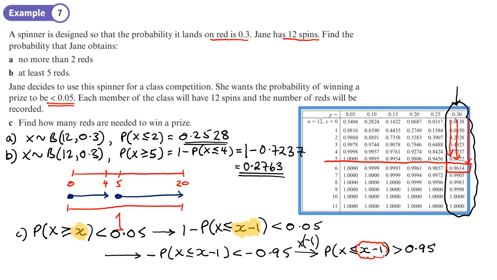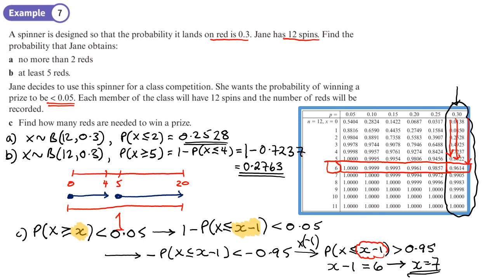So what does that tell me? That's this value here, 6. So it's telling me that the x minus 1 is 6. So now we can say x minus 1 equals 6, which means that x equals 7.